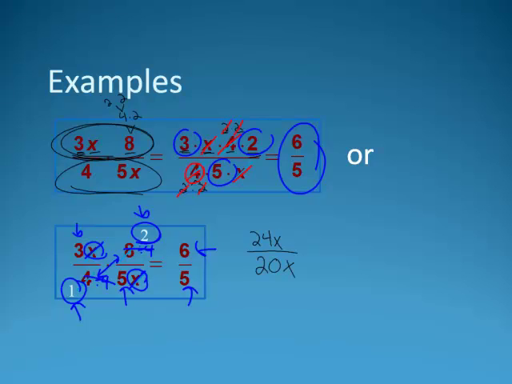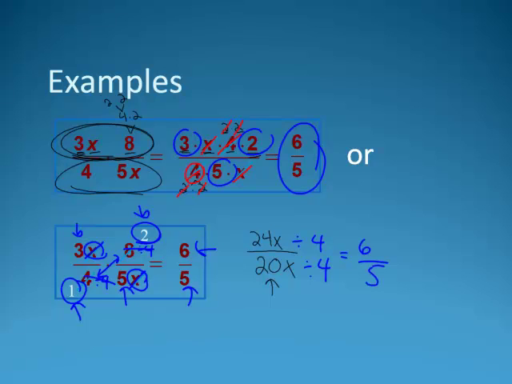And then reduce this, okay, using one of the two methods we talked about, either divide out a common factor or do a prime factorization. Here, you can take out a greatest common factor of 4, top and bottom. 24 divided by 4 is 6. 20 divided by 4 is 5.